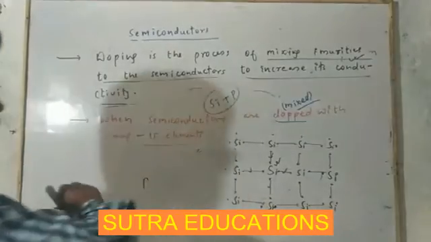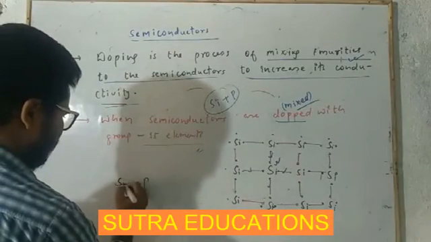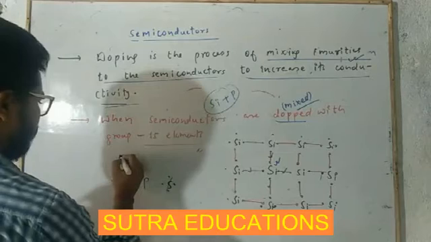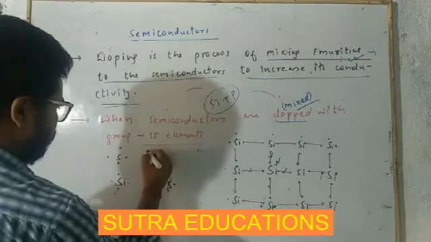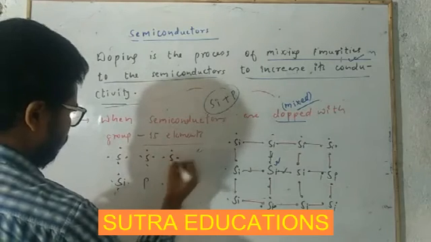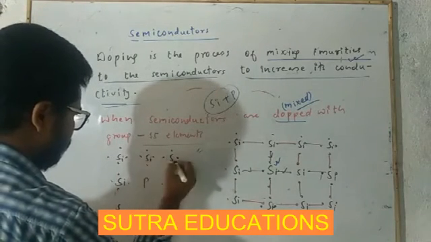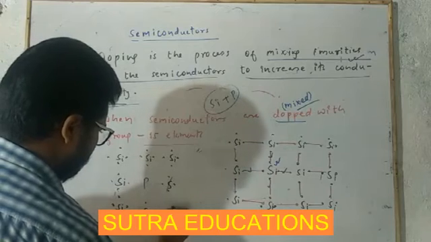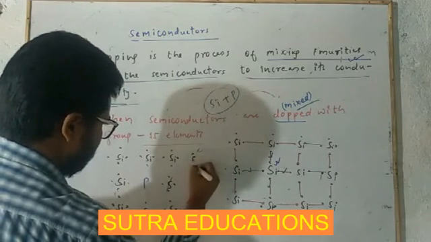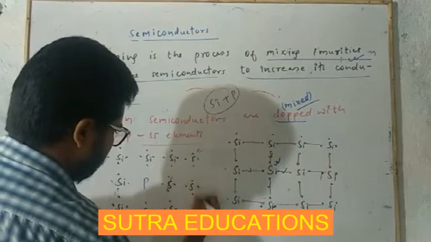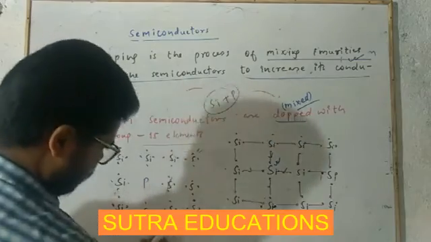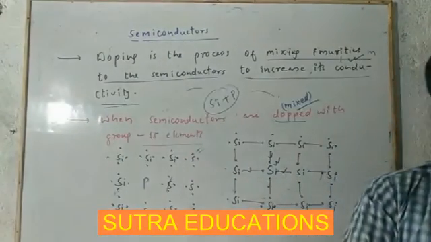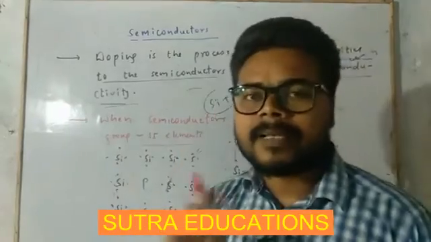All are silicon. Here it is silicon, Si, 4 electrons, again silicon 4 electrons, silicon 4 electrons, silicon 4 electrons. Phosphorus has 5 valence electrons.